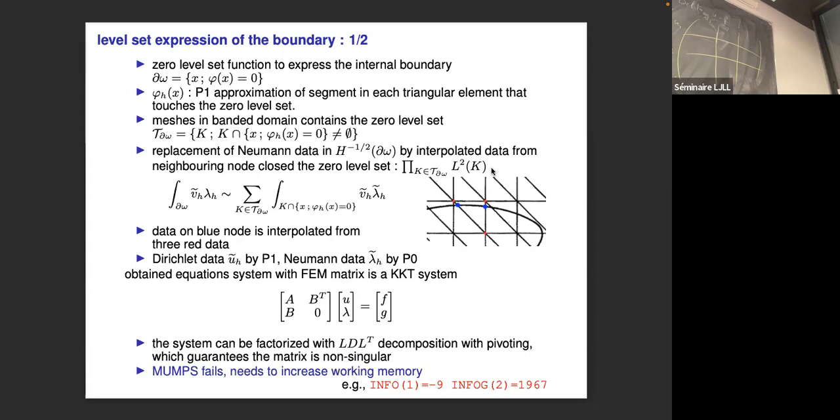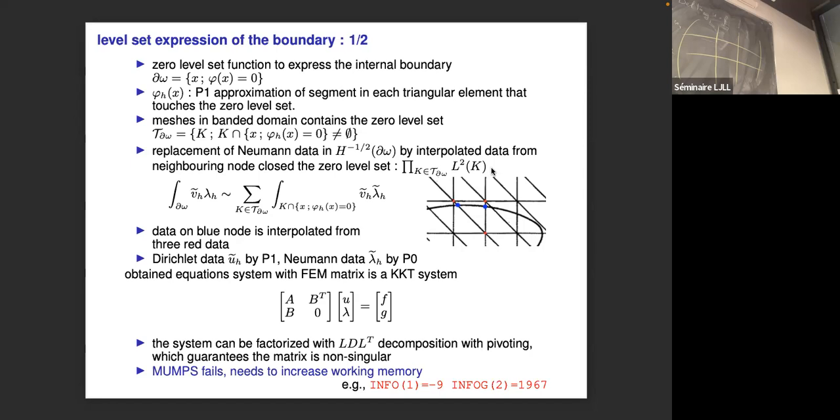And then there is the idea to approximate the Dirichlet data on the target points. So this polygon, the red points, can be represented, and then interpolation. We can take some interpolation, but this is actually done automatically inside. But the important issue is that the Dirichlet data is approximated by P1 and the Neumann data will be approximated by P0.